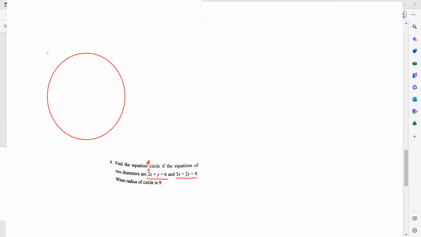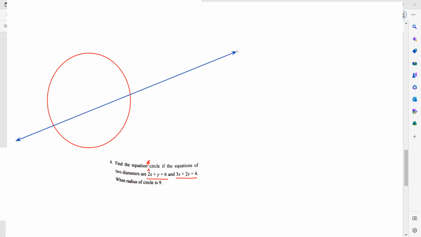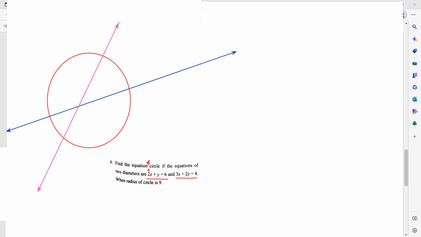See students, for the circle, what they give us is two diameters. See, this is one diameter and here the other diameter.